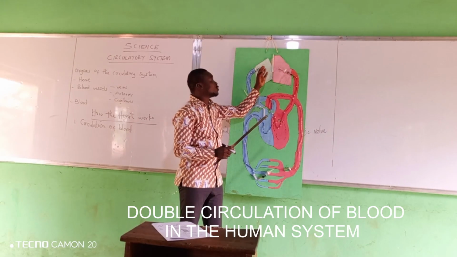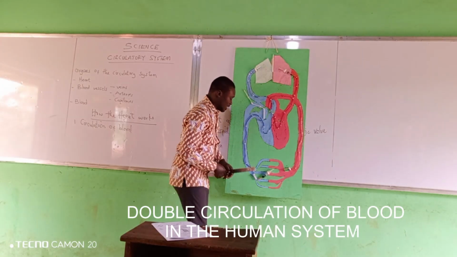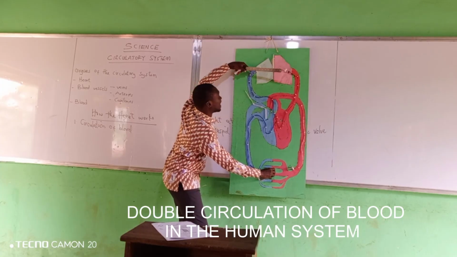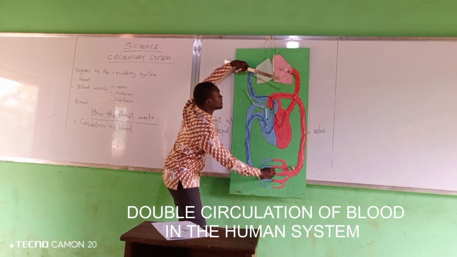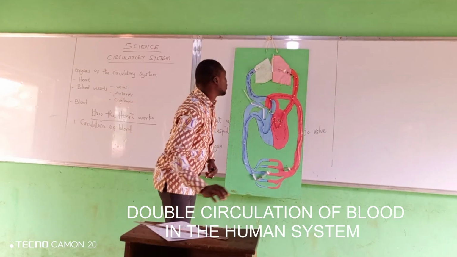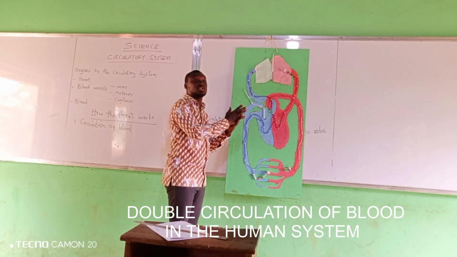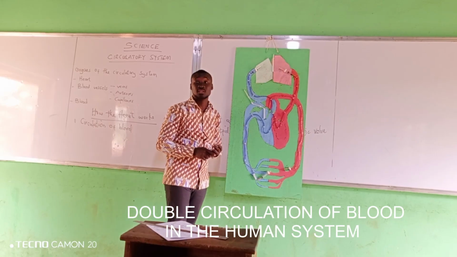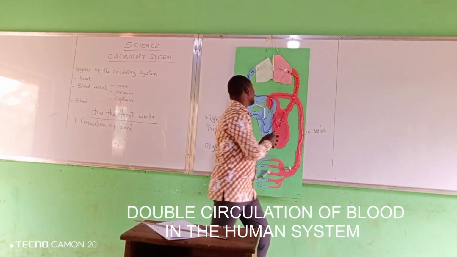Then when it comes to the lungs, it's the deoxygenated blood that entered the lungs. Then it will be oxygenated. Oxygen is going to be added to the blood. Then it becomes oxygenated blood.